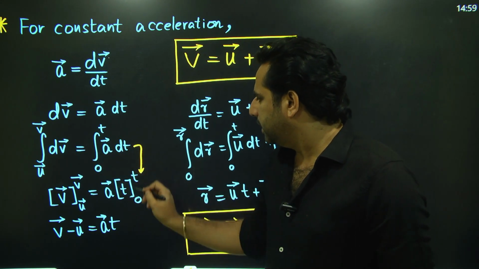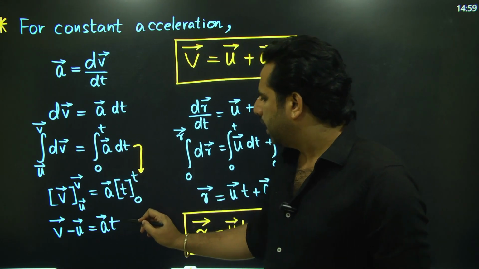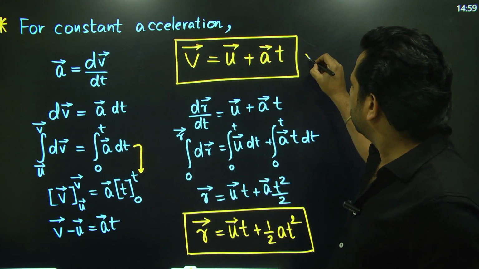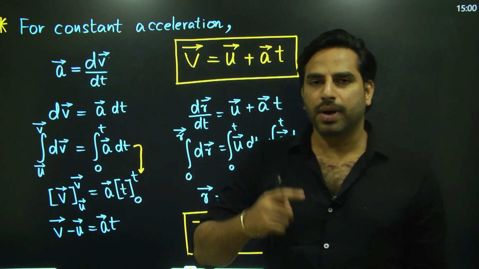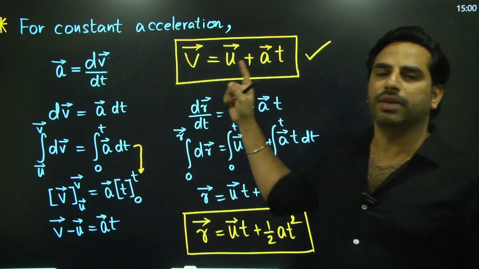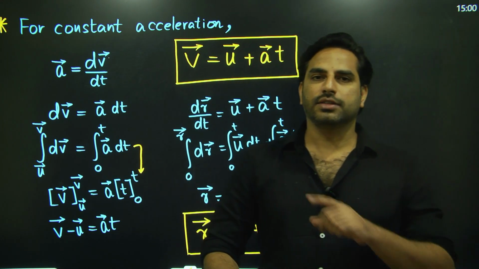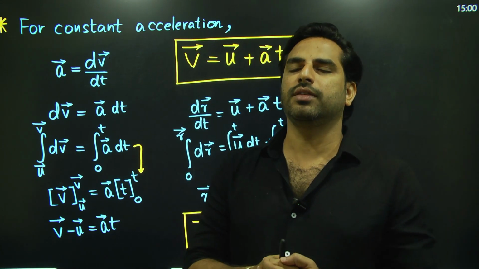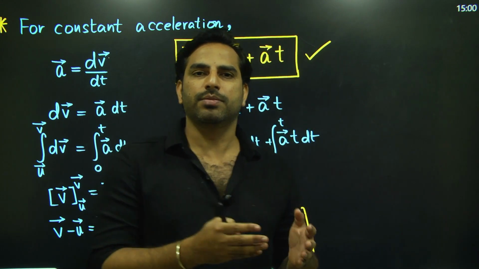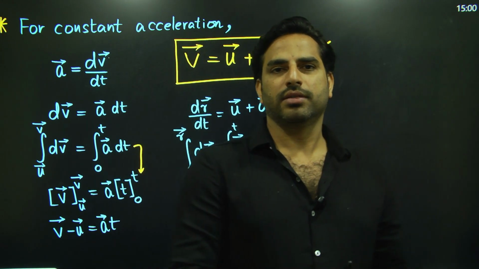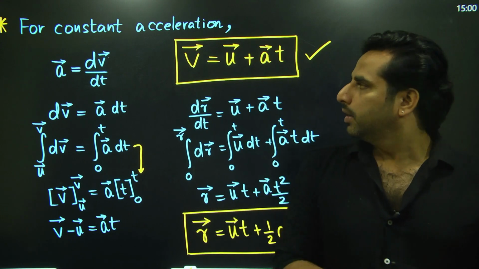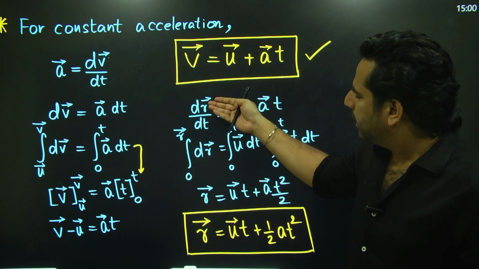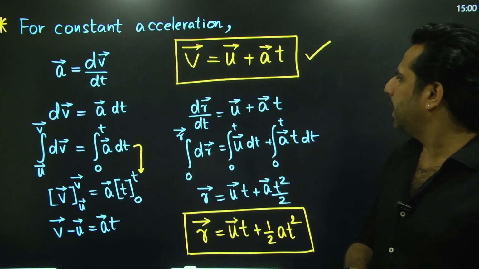Then solve it, integral dt is t, so from 0 to t, and finally I arrive at v bar is equal to u bar plus a bar t. This is the basic equation of motion. It is not v = u + at, it is v bar = u bar + a bar t. There is a lot of difference. v bar is rate of change of position with respect to time.